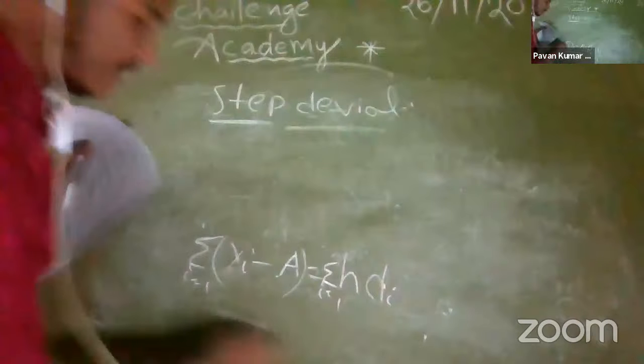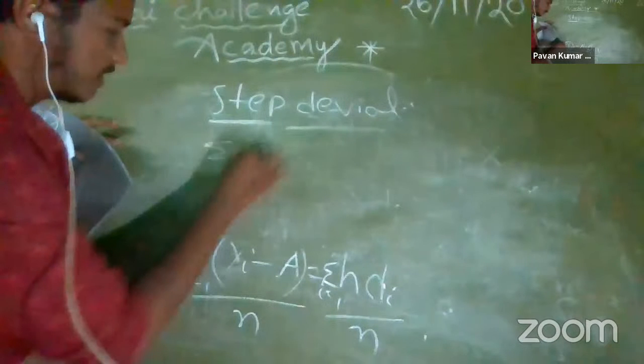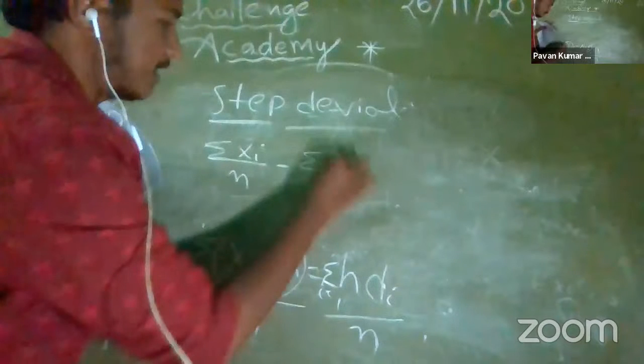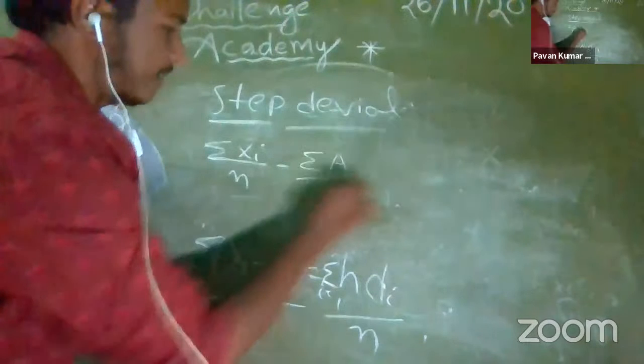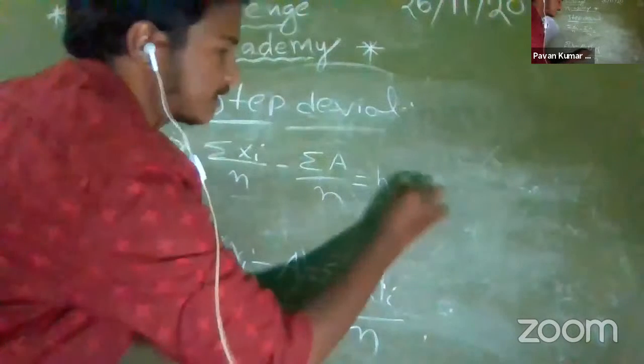It becomes summation of xi by n minus summation of a by n equals h times summation of di by n, since h is a constant, a number.